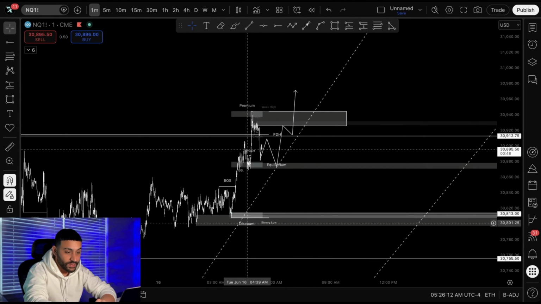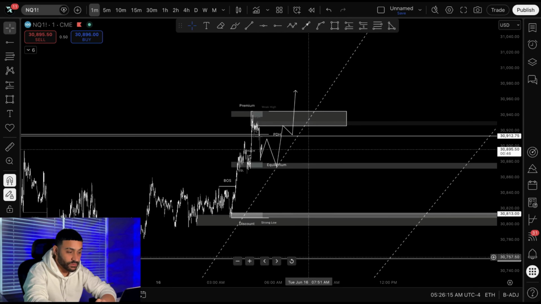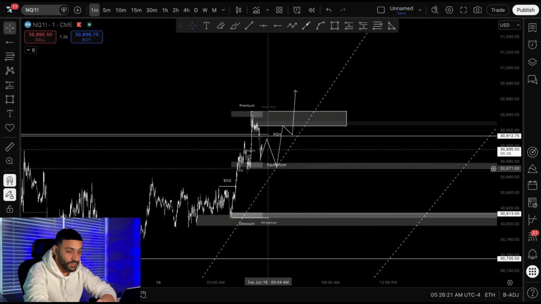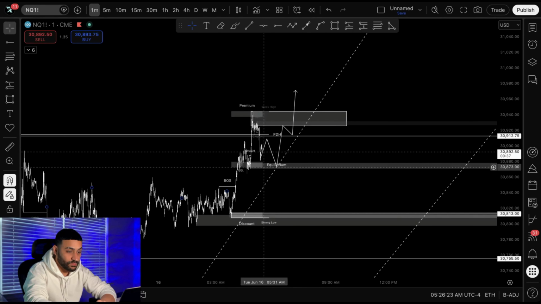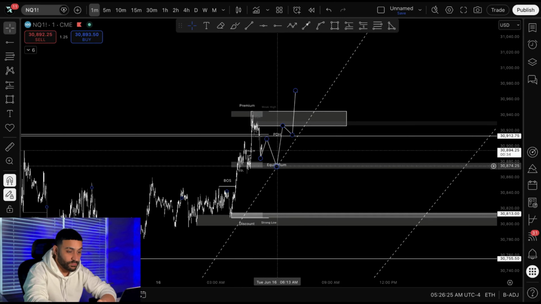And right now we have a discount zone at around 813, which we actually have a supply zone here that we marked down. We have an equilibrium zone, which also looks like it is that area where we would want price to bounce off of.